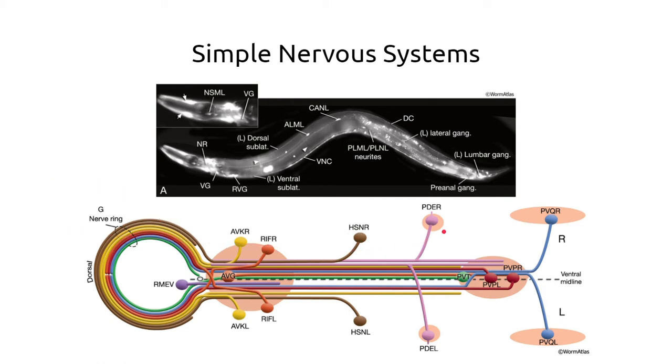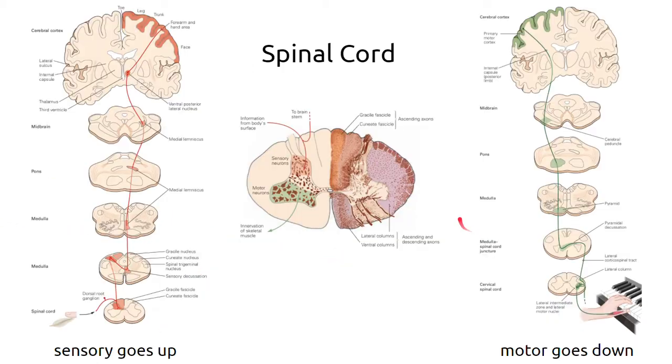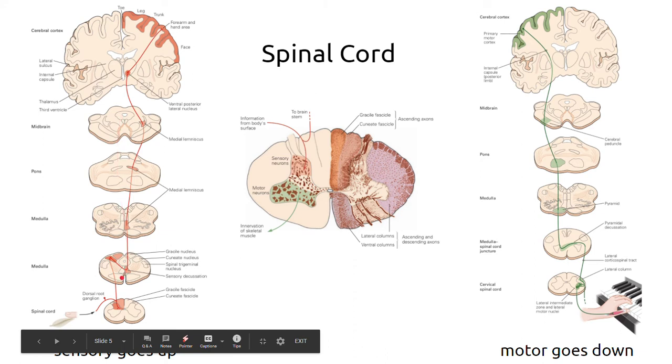And indeed, that basic diagram fits pretty well with the spinal cord in mammals. We're getting a lot of information from the sensory neurons of most of the body, not the ones from the head, but from the rest of the body, coming into this central spinal column going down your spine.